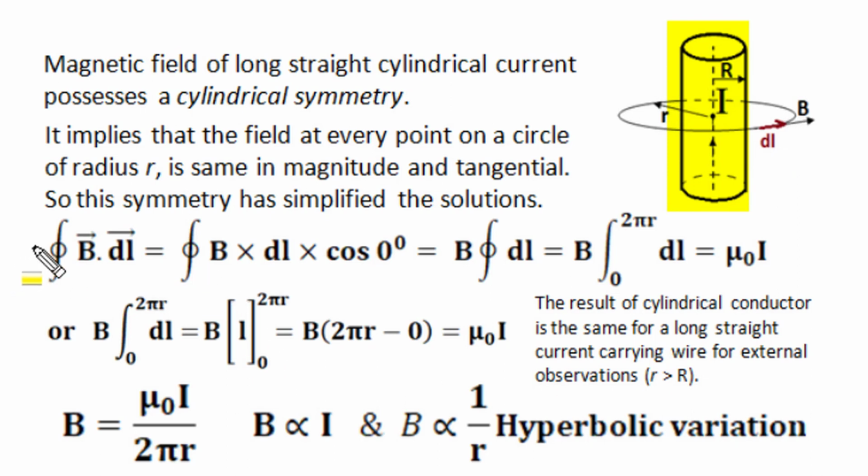So the closed line integral of the magnetic flux density, which involves the dot product of the magnetic flux density vector and the displacement vector, becomes B dl cos 0, as both the displacement on the circular path and the magnetic flux density at that position are collinear, the angle between the two is 0 and cos 0 becomes 1.